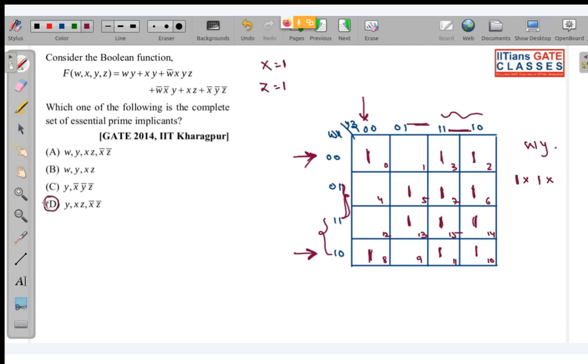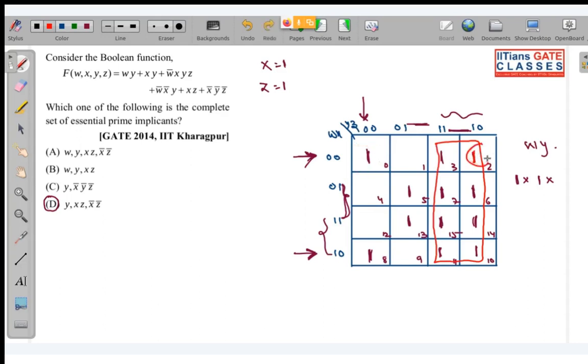Okay, let us check. The very first one: if I make a group of 8, then I am covering all the ones. But this group is not an essential prime implicant, because this one has one more option; it can group with this one also.